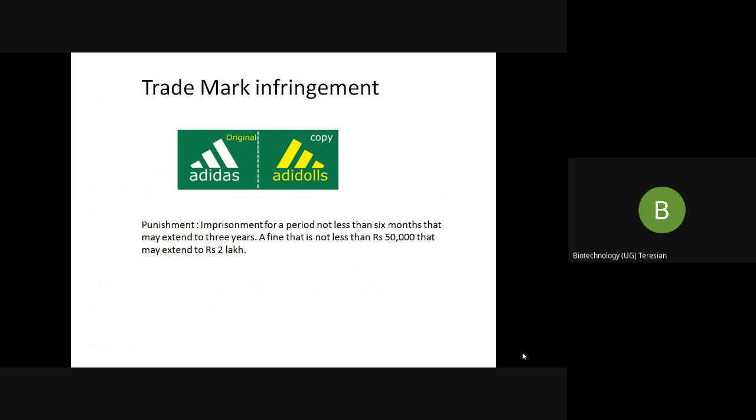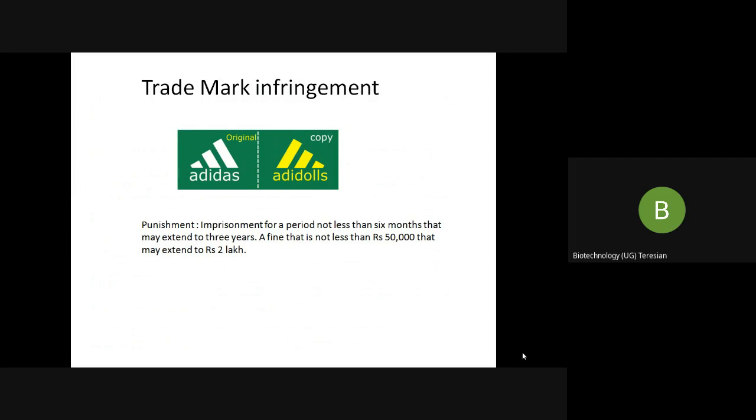You can file it before the district court or the high court, and the registered proprietor can file a civil suit. Any person can file a criminal suit for false description. A person can institute the suit where he resides or carries on his business.